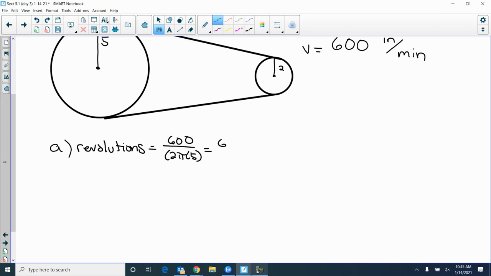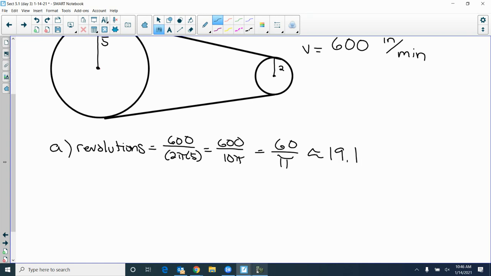So that's 600 divided by 10 pi, okay? Which is 60 over pi. Now, it doesn't come out to a nice number, but if you do 60 divided by pi, is it 19 point something? 19.3? I'm just guessing. 19.1. All right, so approximately 19.1. Keep that in there.